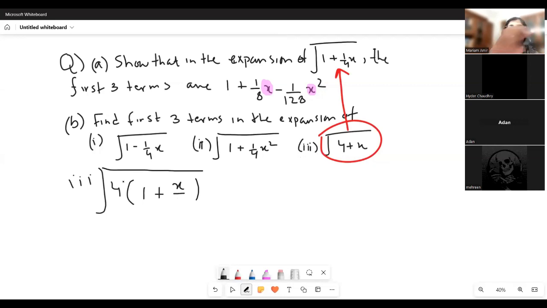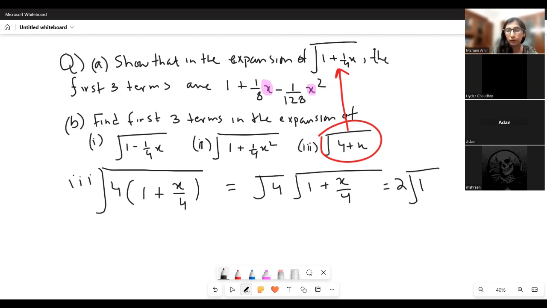Okay. Now you already know what is square root of 4. That is 2. So what I'll do, I am splitting the square root sign onto both of the factors. And this becomes 2 times square root 1 plus x upon 4, which is basically the same as this. This and this, these are identical.